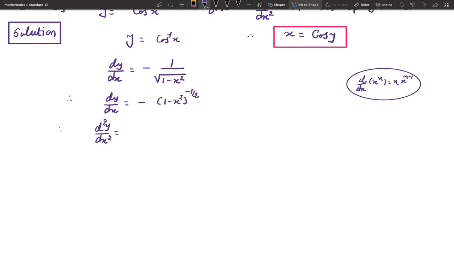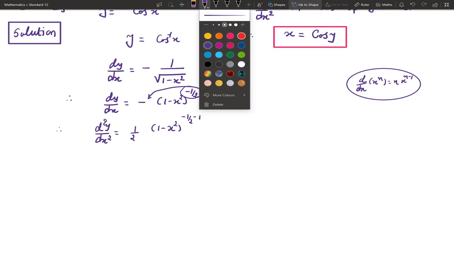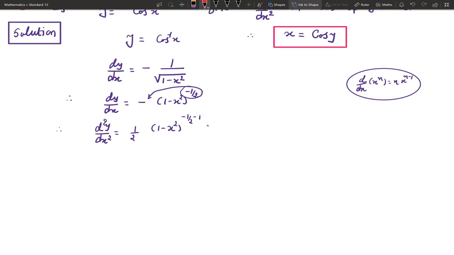So this will be in the multiplication, minus minus plus 1 half (1 minus x square) raised to minus 1 half minus 1. Now into, by chain rule, d by dx of 1 minus x square. Now we simplify.